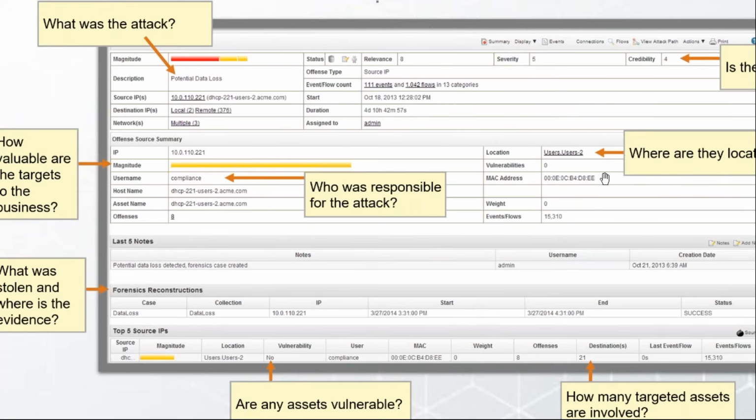Information like point-in-time offending users or targets, attacker profiles, vulnerability state or asset value, and active threats can all be part of alerts, and QRadar can help you get the intelligence on how you need to act upon these types of incidents.